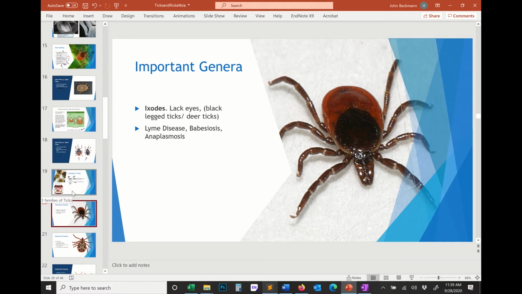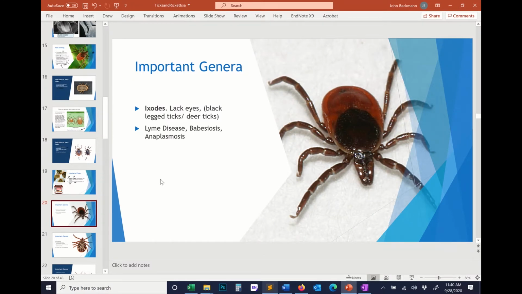Okay, so let's talk about the important genera. Ticks are very easy to distinguish by eye. It's not difficult to know the genera, and they're very easy to key out. So if you ever find a tick and you want to know what it is, just go to Google and search key of ticks in Alabama, and it's very easy to key them out by eye.